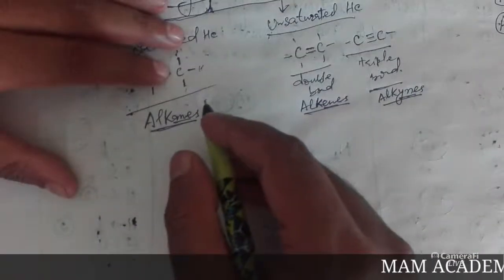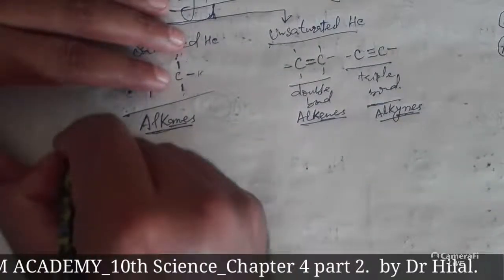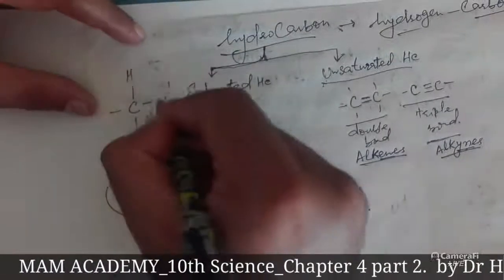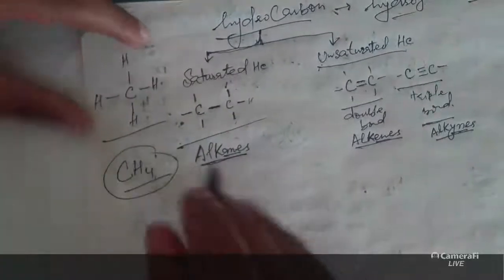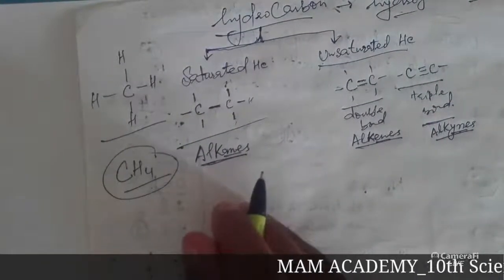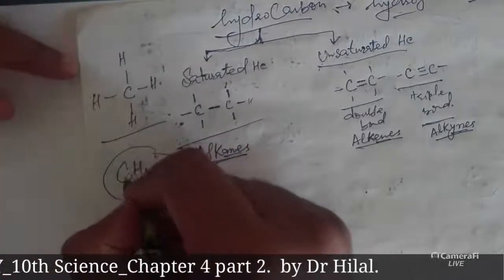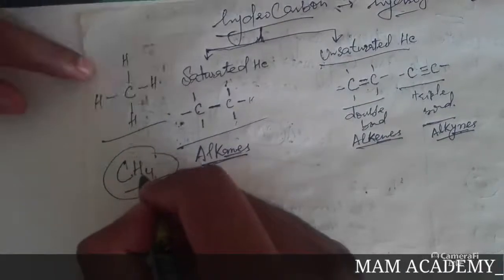If you see the electron dot structure of, for example, methane, in methane we have CH4, one carbon and 4 hydrogens. The structure will be like this: hydrogen, hydrogen, hydrogen, and hydrogen. This is the structural formula and this is the molecular formula. In the molecular formula we are just giving the idea of which atoms are present and how many atoms are present.